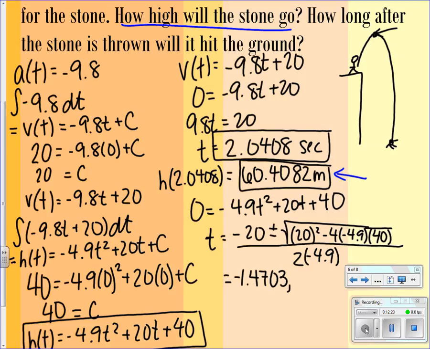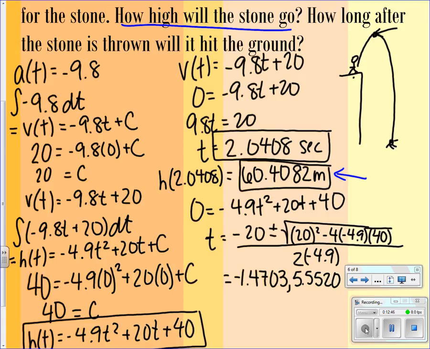And then the other is going to be the positive number, and it's going to be 5.5520. Now the negative number is not the one that we're going to use.